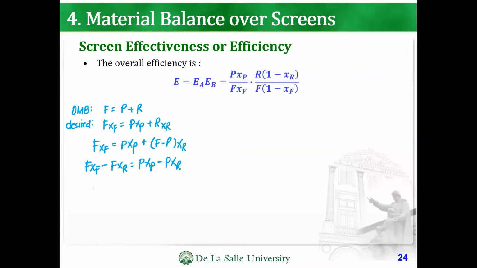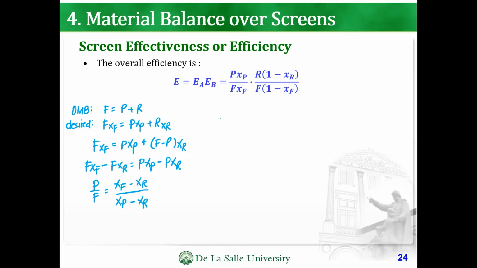If I factor out F and P, I can say that P over F is XF minus XR all over XP minus XR. Can you follow?